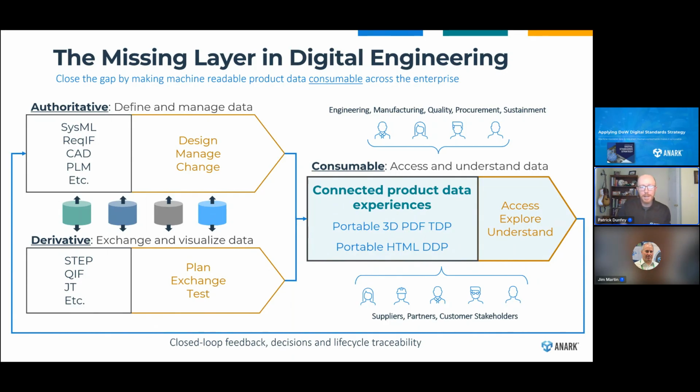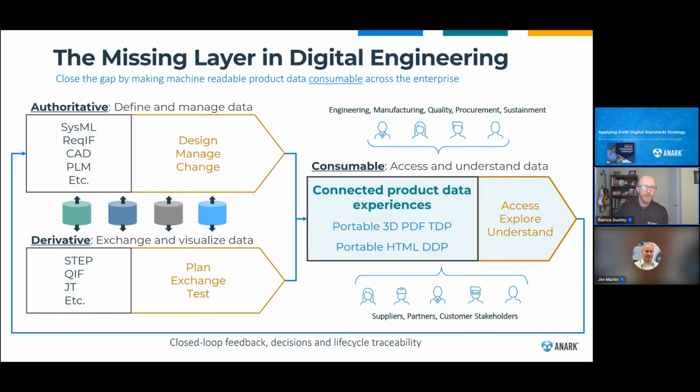And so this enables everyone else, the yellow building on the right in the last slide, to access, explore, and understand the data with connected product data experiences, with portable technical data packages in the form of 3D PDF, and portable digital data packages in the form of HTML, standalone, self-contained packages.